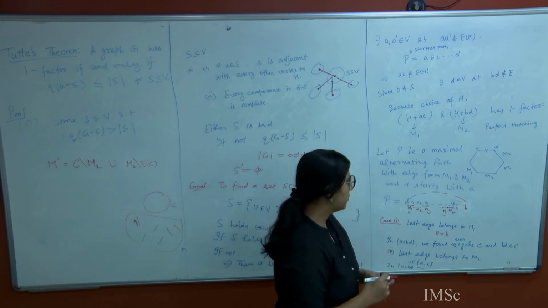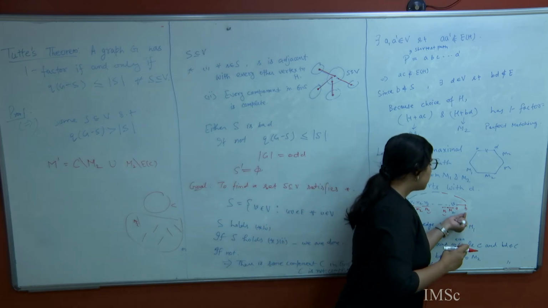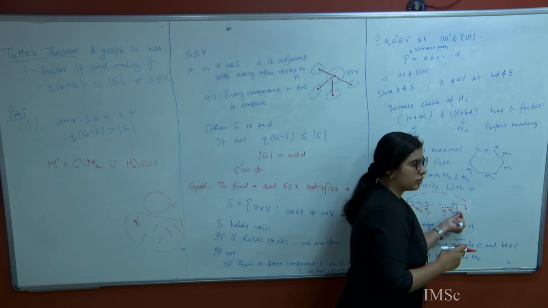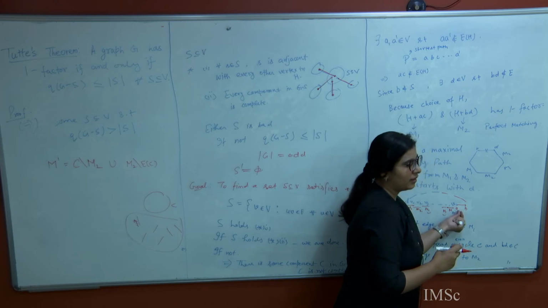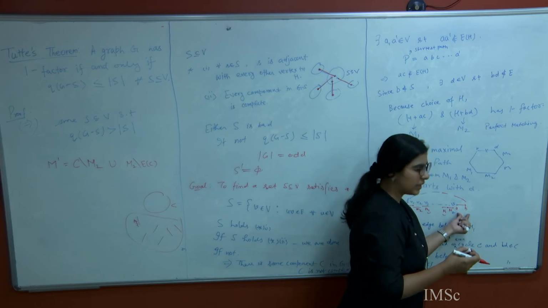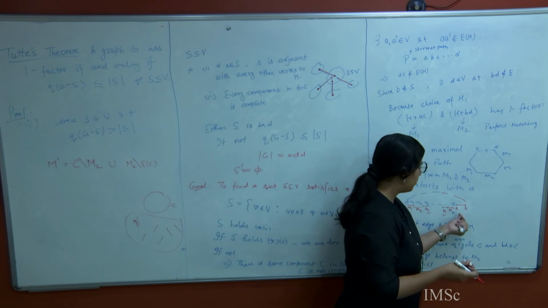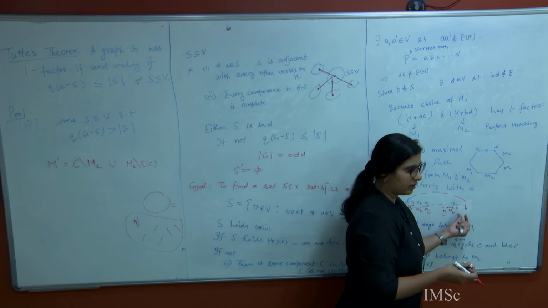B is M1? No, we don't know, because if you put this in M1, then A is also M1 saturated, right? A is not M1 saturated because of H plus AC. It should not be, but if you put this edge in M1, then you are saturating A, right?